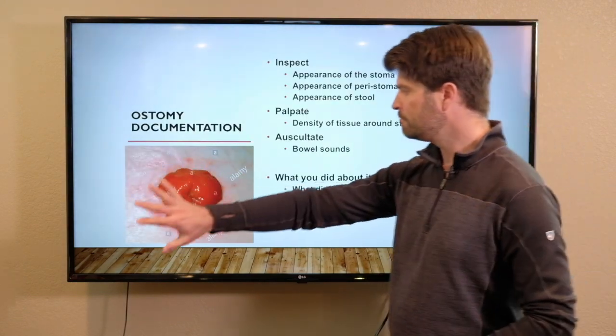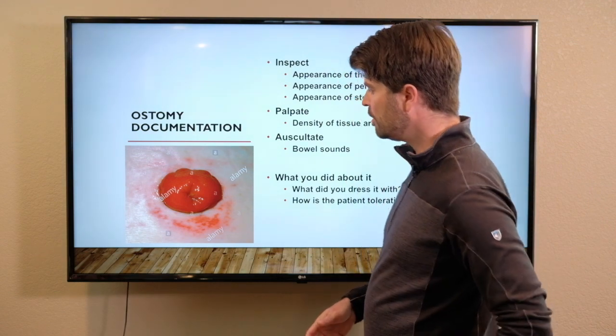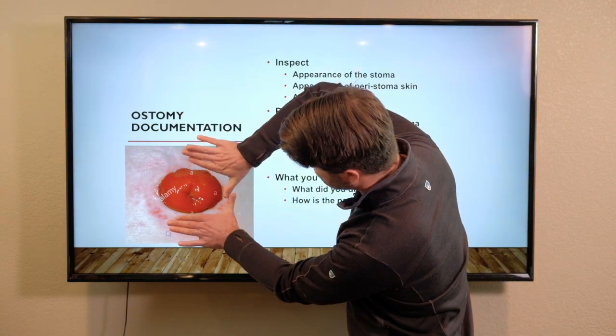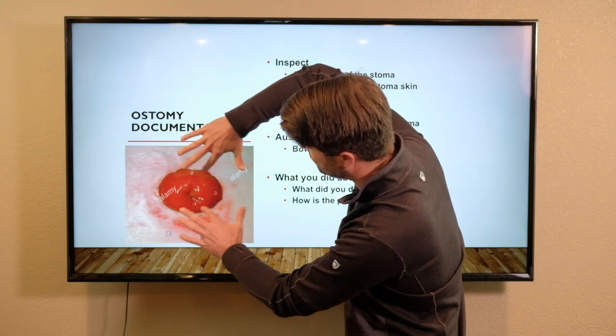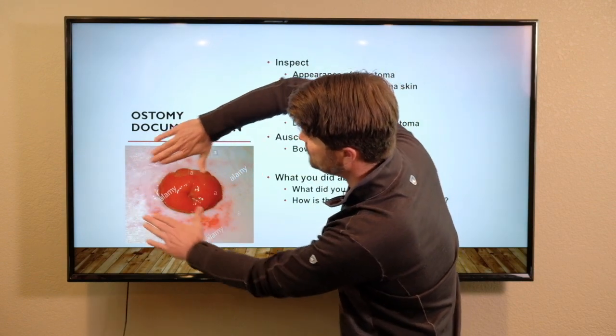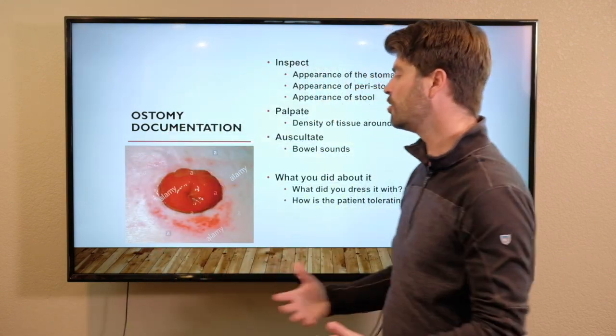So here's a stoma. If we were to cut an appliance for this stoma, what we'd be cutting is a disc that's going to perfectly outline this area, protecting all this peristomal skin. Right? That's our goal.